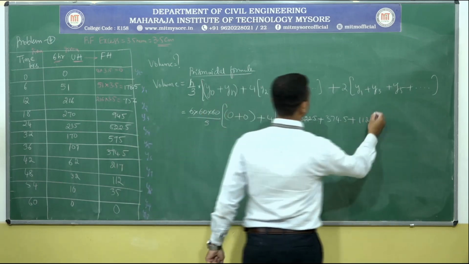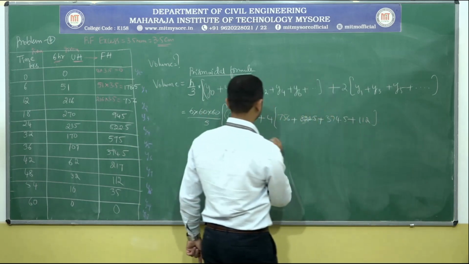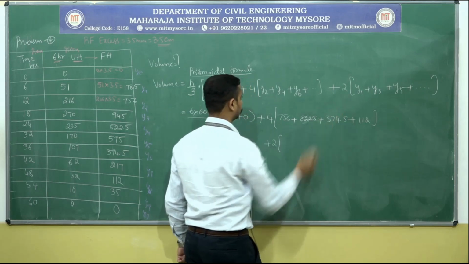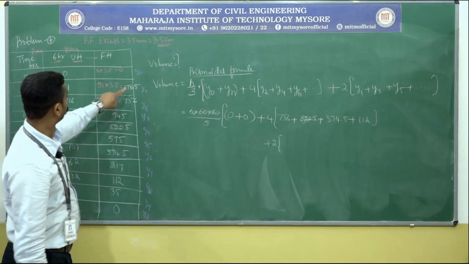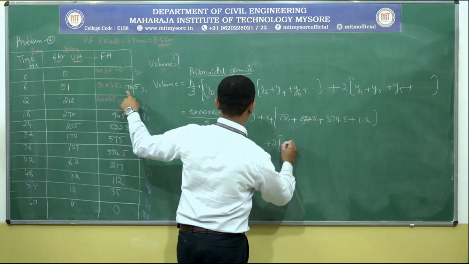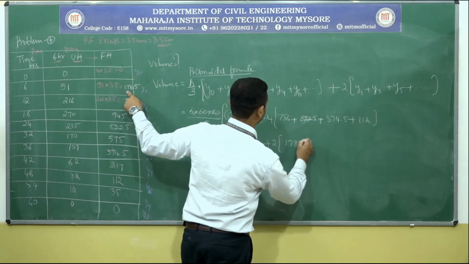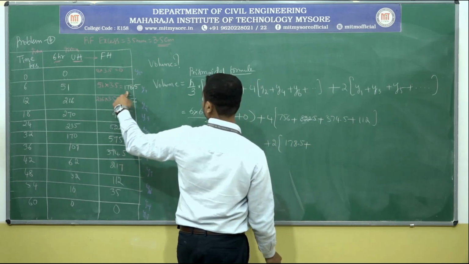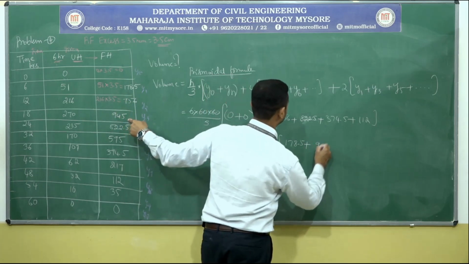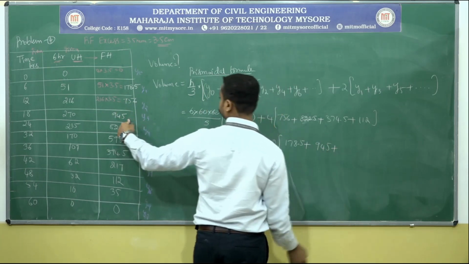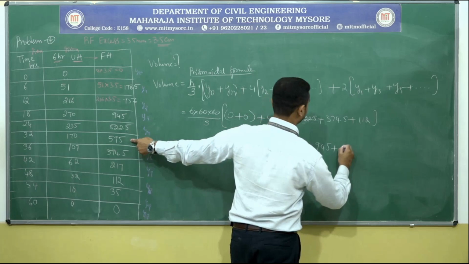Okay, next 2 times of the odd ordinates, that is y1, 178.5 plus next one 945 plus 595.